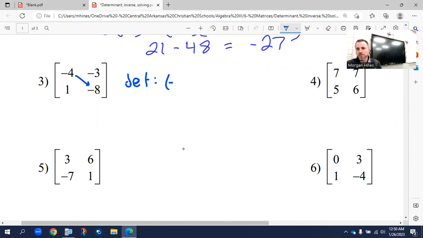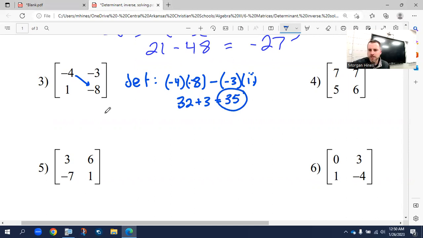You do negative 4 times negative 8, minus negative 3 times 1. So that turns out to be 32 minus a negative 3, which is just plus 3, which is 35.